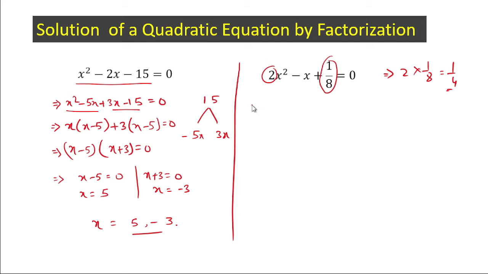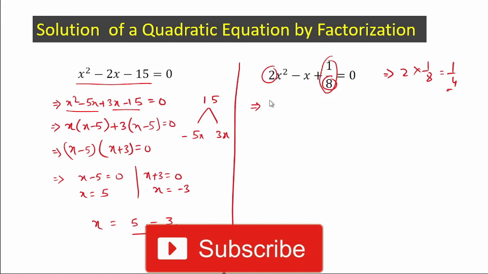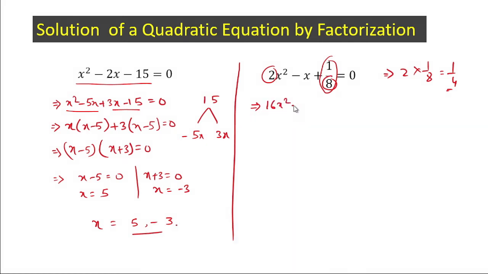For making it standard, we can multiply the whole equation by 8. If we multiply 8 by 2, it will become 16x square minus 8x plus 1 is equal to 0. This is our standard form of the equation.